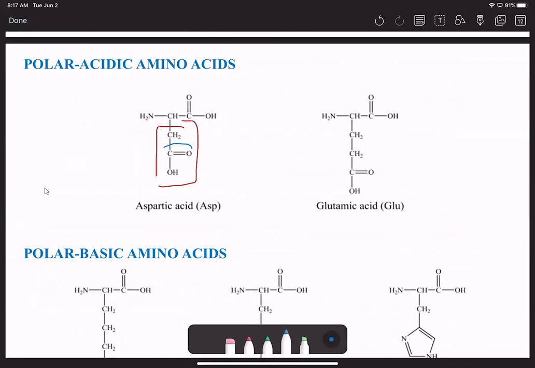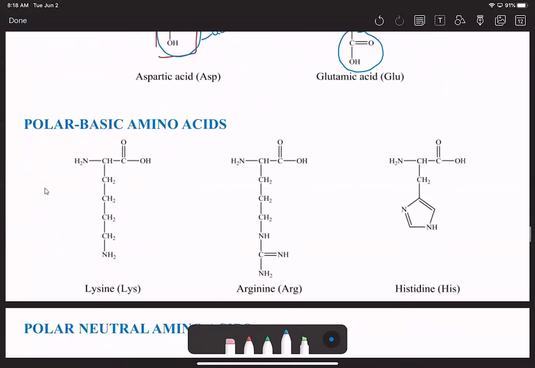And this R group has a carboxylic acid. That makes this amino acid polar acidic. Again, this is what's making glutamic acid acidic, that carboxylic acid on the R group.